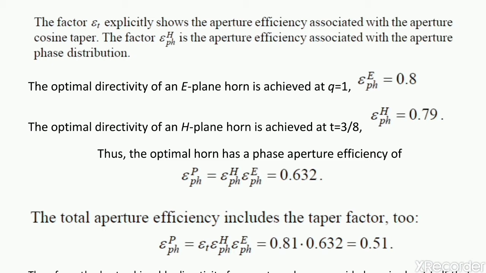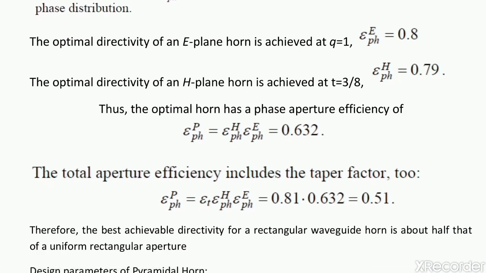So the total aperture efficiency includes the taper factor. Now again it is multiplied by epsilon t, which is nothing but the tapering factor. The total aperture efficiency is the product of epsilon t, the tapering factor, epsilon ph regarding the H plane horn, and epsilon ph of the E plane horn, which is given by 0.51.